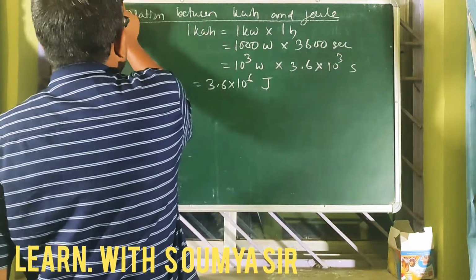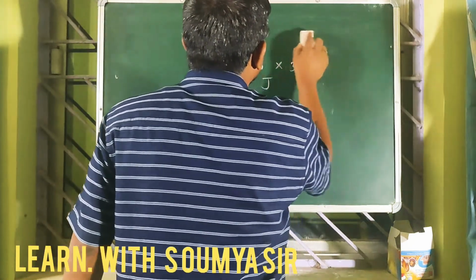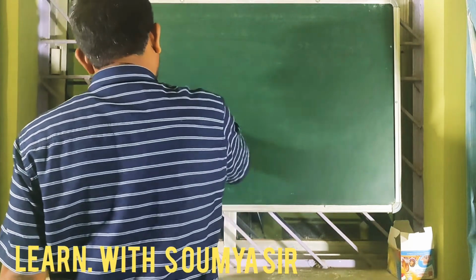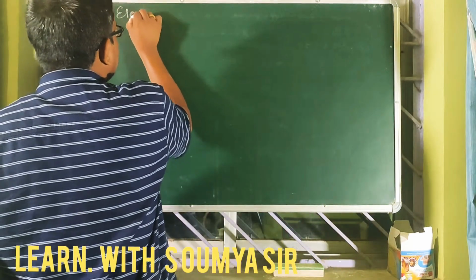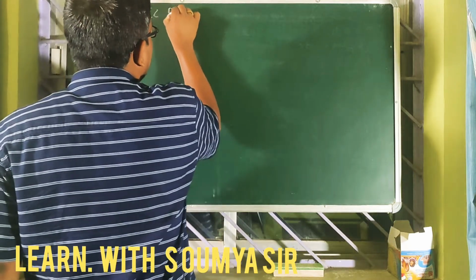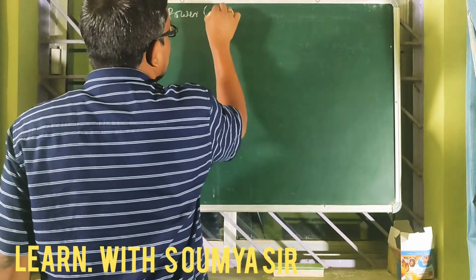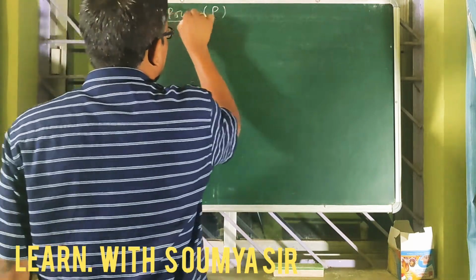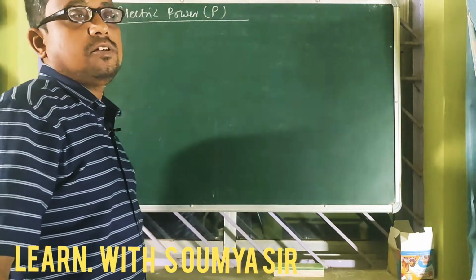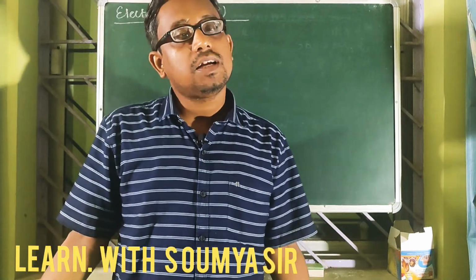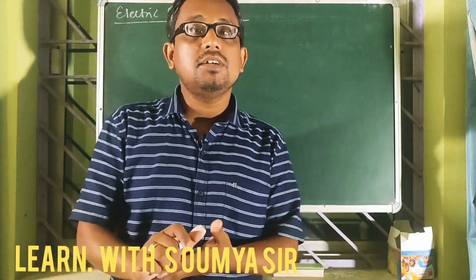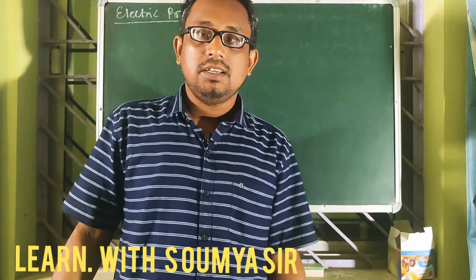Now we will read about electric power. Symbol is P, capital P. In the work and energy chapter we have read power is the rate of doing work.